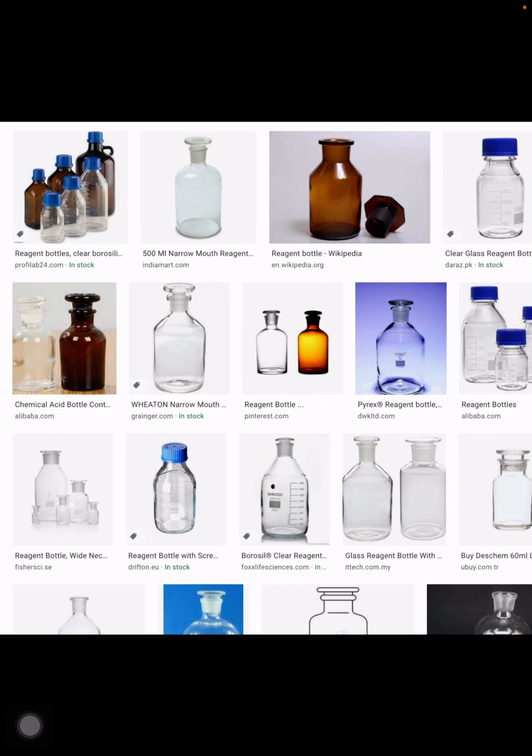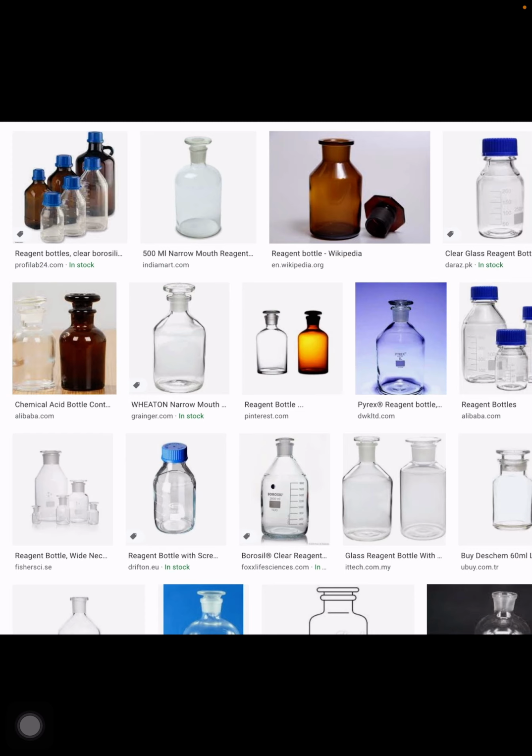So this is called the reagent bottle. Some of the reagent bottles are dark brown glass, whereas most of them are clear glass. A dark brown glass reagent bottle is used so that light may not transmit through it, because light can change the composition in different types of chemical reactions.